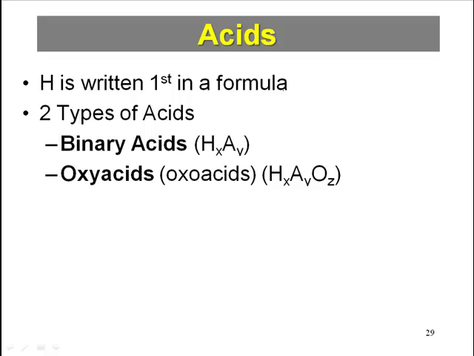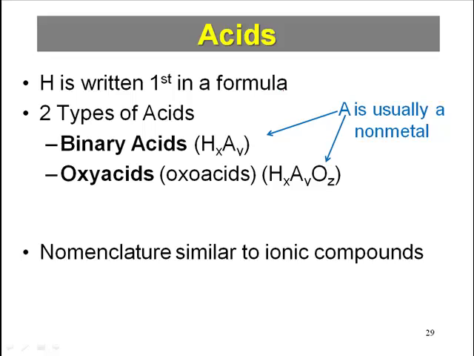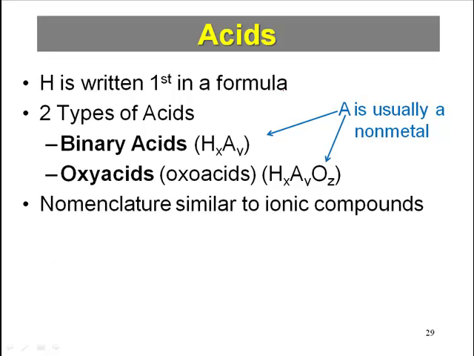Oxyacids means you have, again, an oxygen in there, and you've got more than 2 element types in there. The A is usually a nonmetal for all of these acids. The nomenclature is similar to ionic compounds, so the same similar rules and ideas. They have to be neutral, just like an ionic compound.